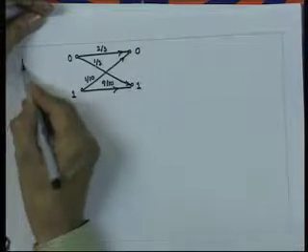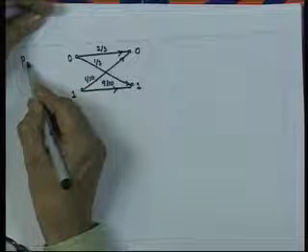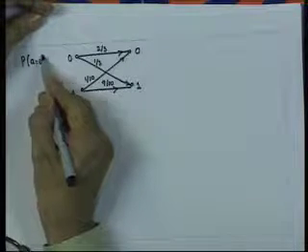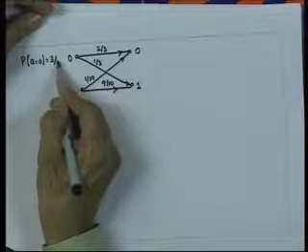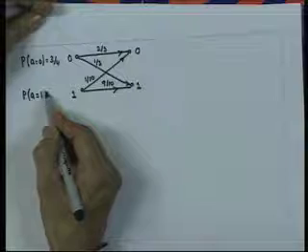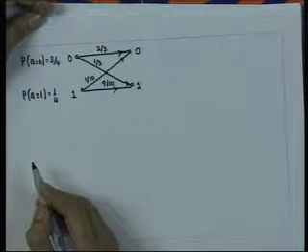Probability of 0 transmission, let us assume, is equal to 3/4 and probability of transmitting 1 is equal to 1/4.